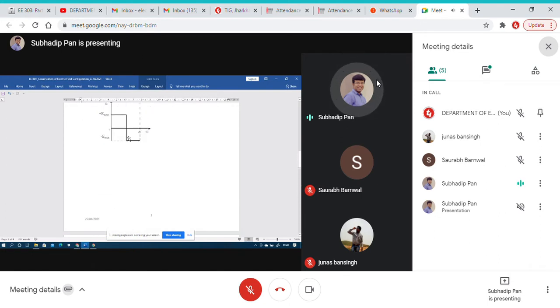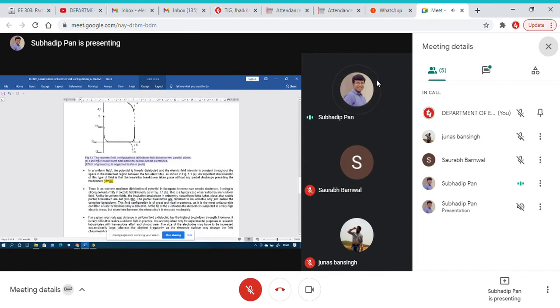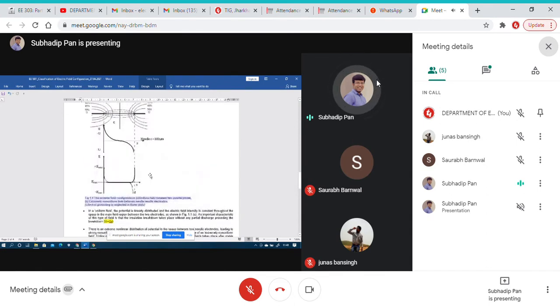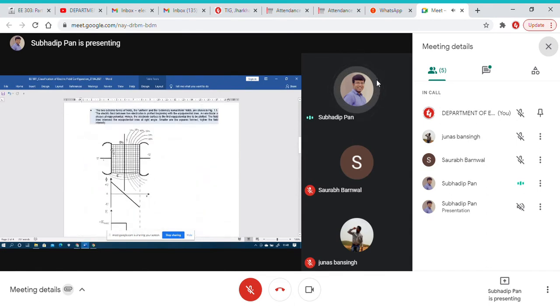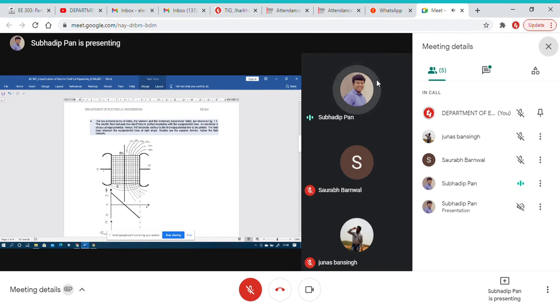And in this figure A, it is defined as the uniform field between the two parallel plates. As I already told you, there are two different forms of a field: one is uniform, another is extremely non-uniform.